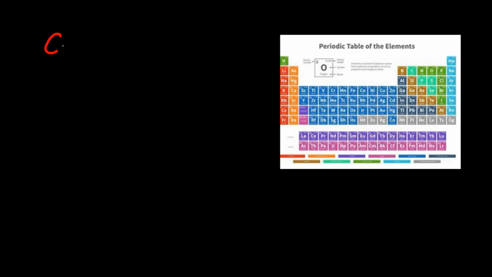So these things right here are the S block. The transition metals are the D block. This is the P block.